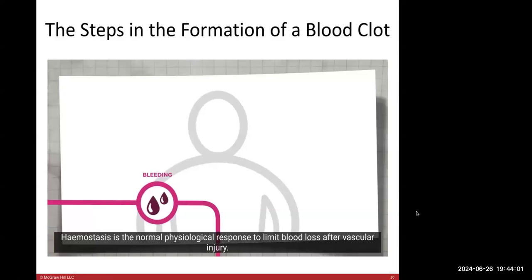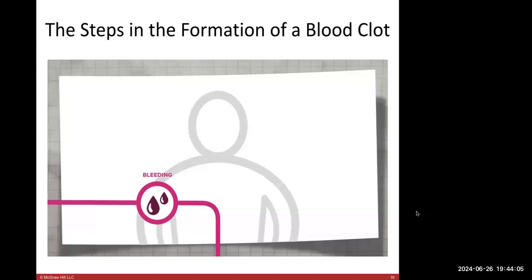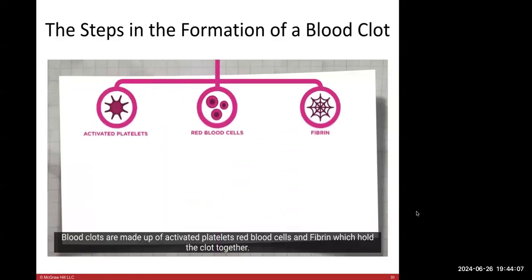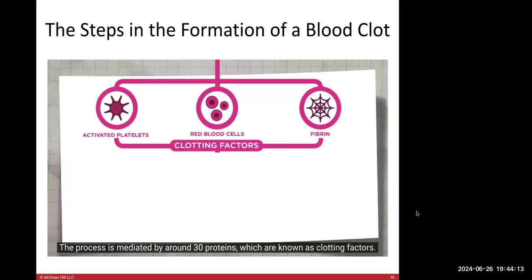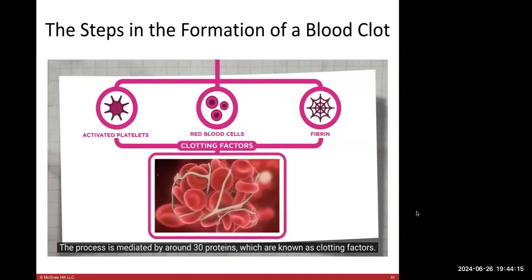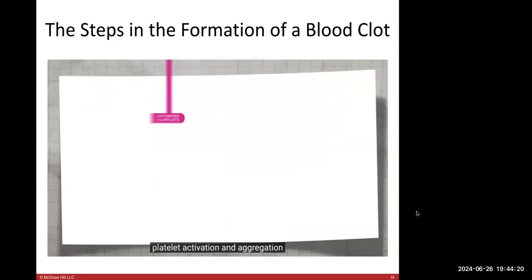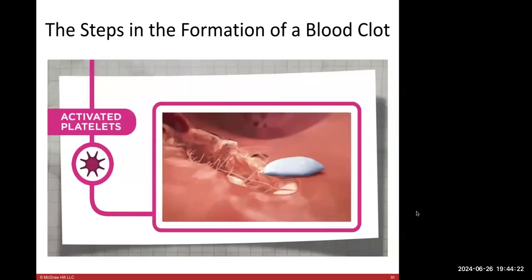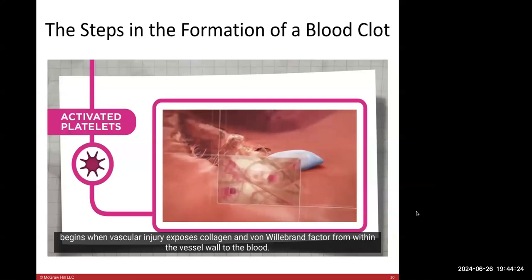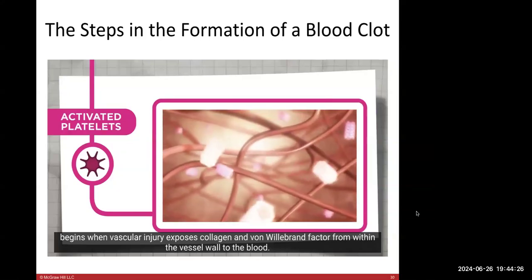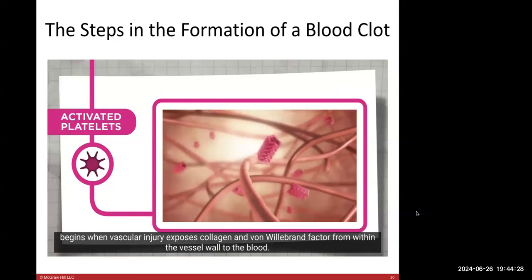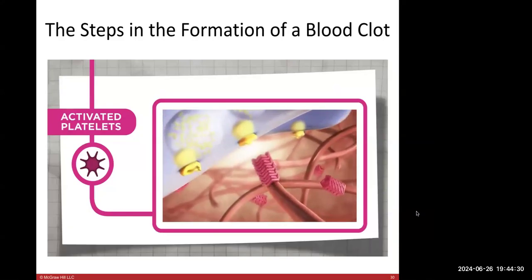Hemostasis is the normal physiological response to limit blood loss after vascular injury. Blood clots are made up of activated platelets, red blood cells, and fibrin, which hold the clot together. The process is mediated by around 30 proteins, which are known as clotting factors. Platelet activation and aggregation begins when vascular injury exposes collagen and von Willebrand factor from within the vessel wall to the blood.